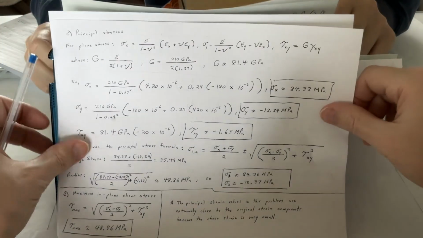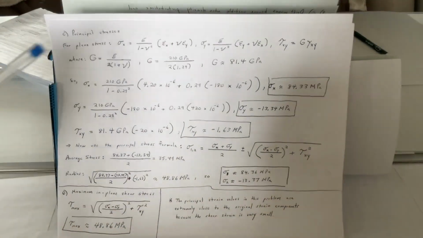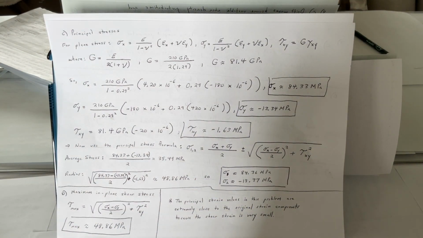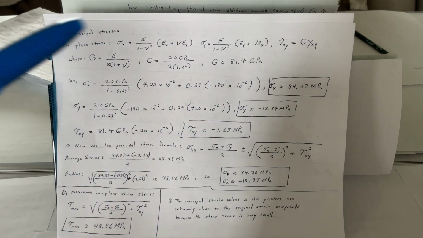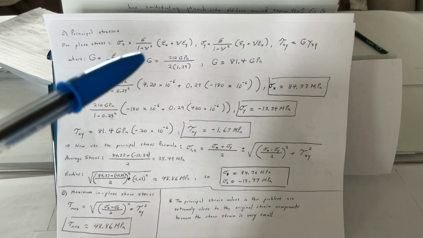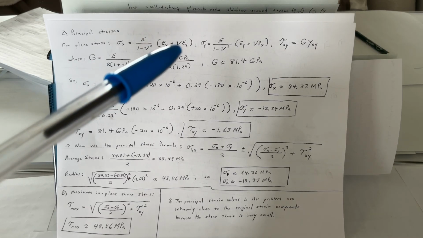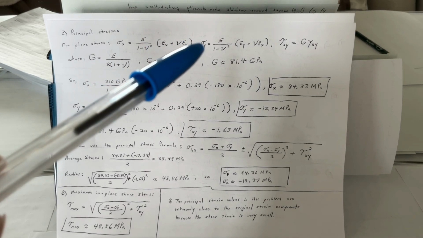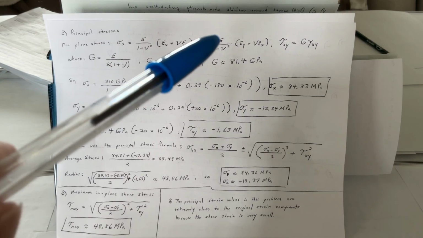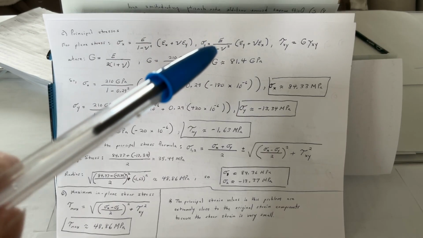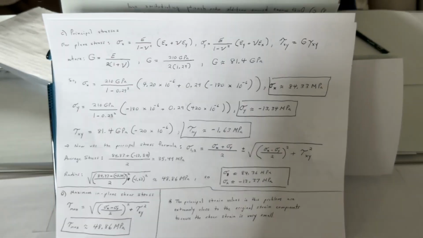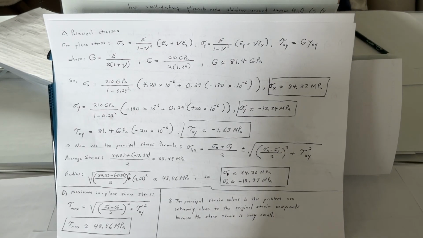Okay, so here, principal stresses. For plane stress, we have sigma sub x equals E over 1 minus nu squared times this quantity, epsilon sub x plus nu epsilon sub y. And then sigma sub y equals E over 1 minus nu squared times the quantity epsilon sub y plus nu epsilon sub x.